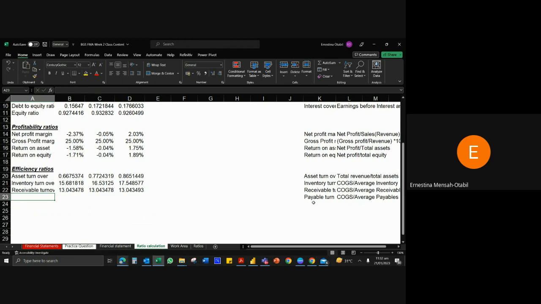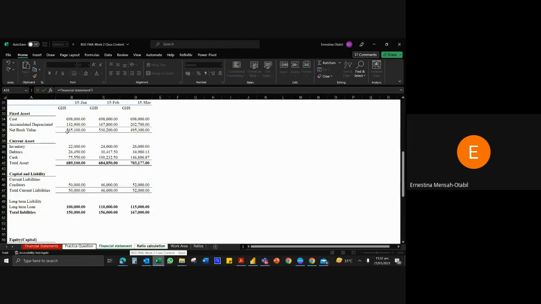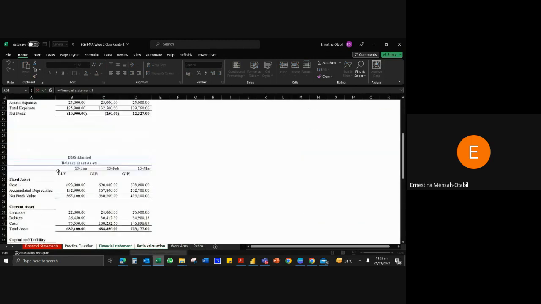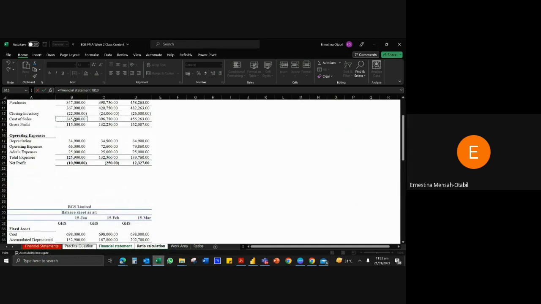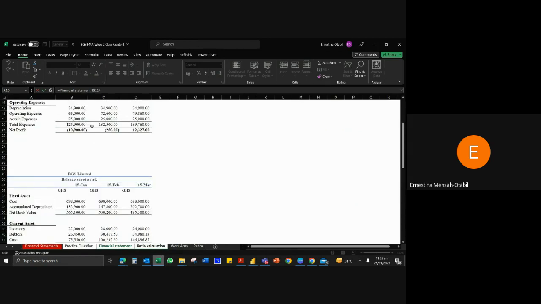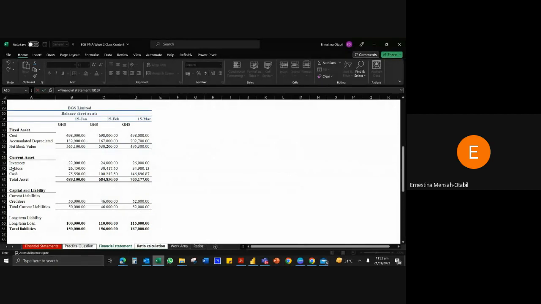Now let's calculate payable turnover. Payable turnover is equal to cost of sales over the creditors. The creditors is the same as the payables.